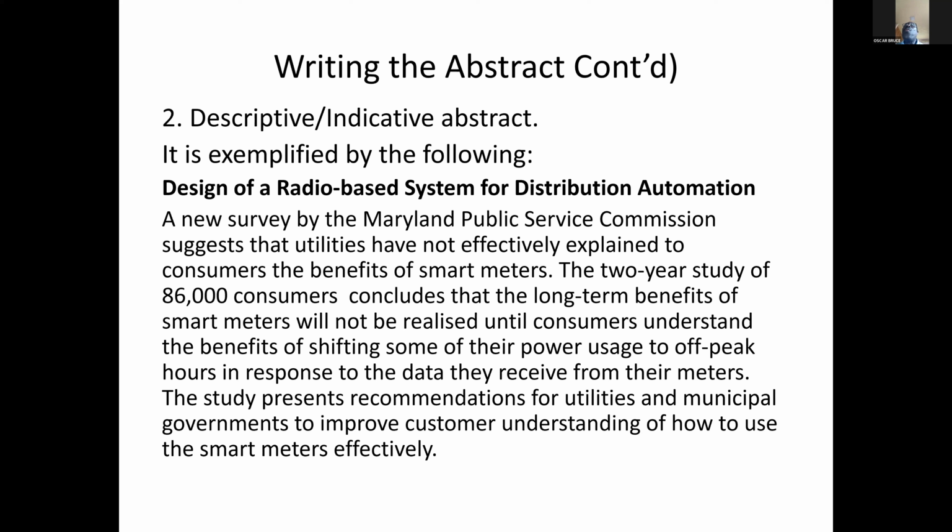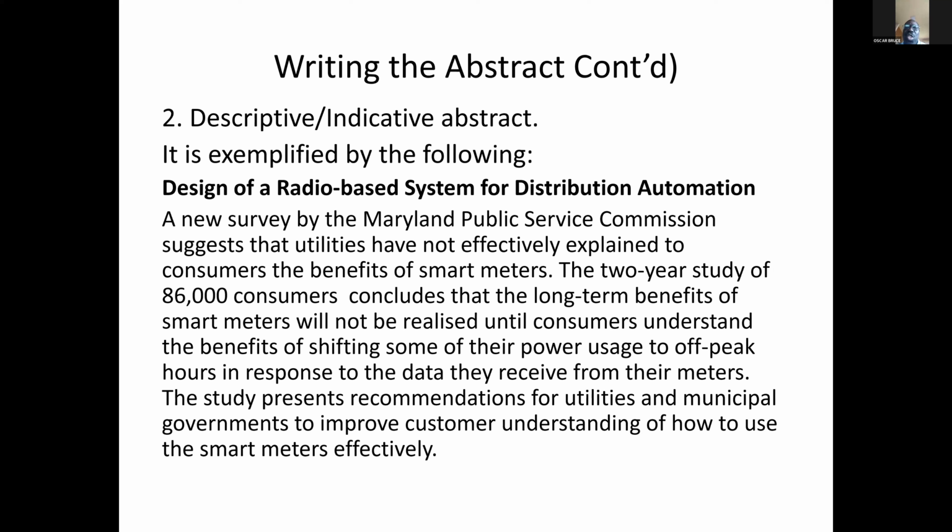And note also, finally, that the last sentence is quite indicative. It does not tell us what the recommendations are. It only tells us that the paper has recommendations. It's not telling us the substance. It's only indicating it. That's the difference.